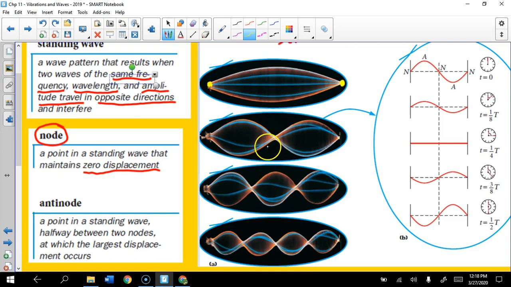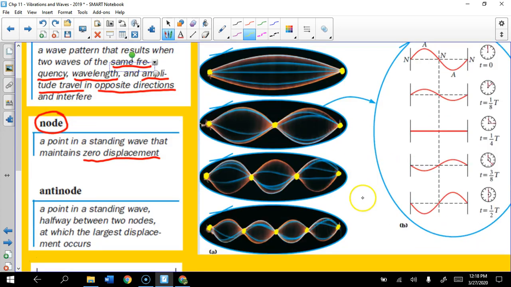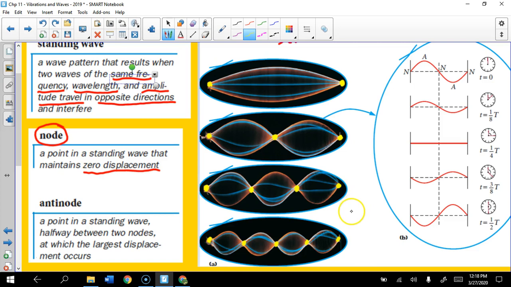I've labeled them in yellow because this is on a black background. Here, there are 1, 2, 3 nodes. In the next one, there are 1, 2, 3, 4 nodes. In the next one, there are 1, 2, 3, 4, 5 nodes. So that's one thing to look at.